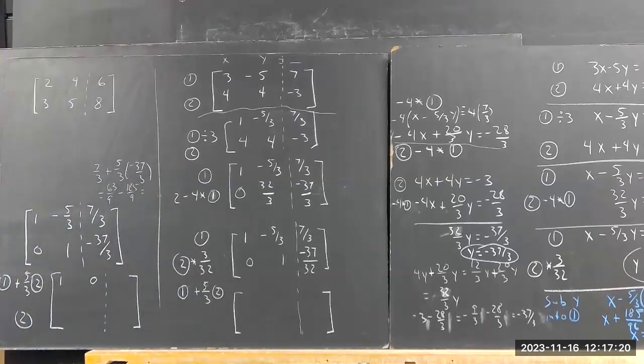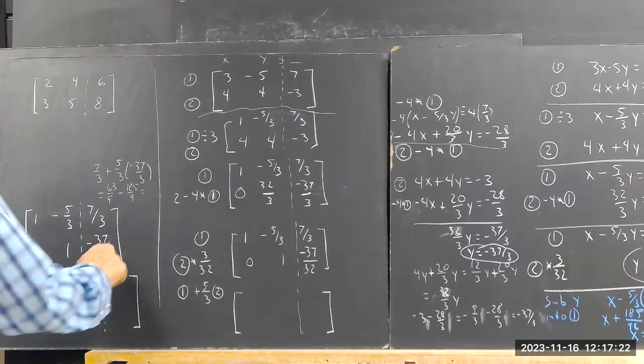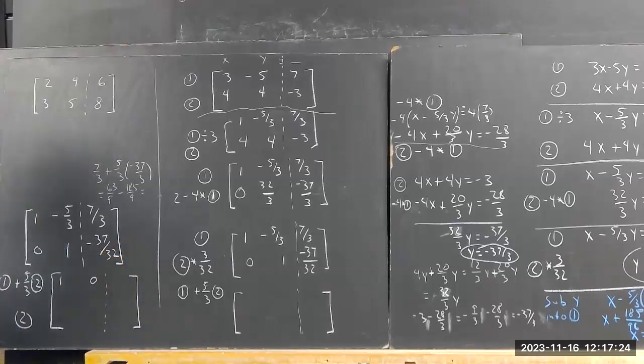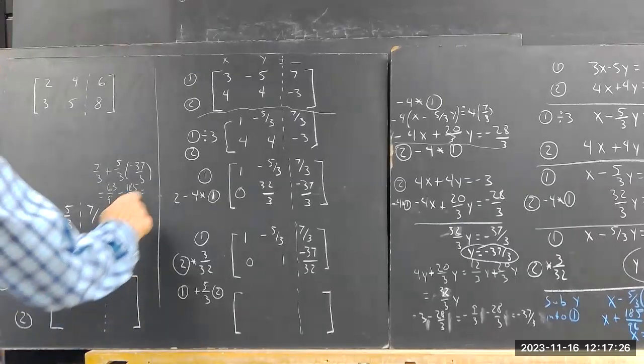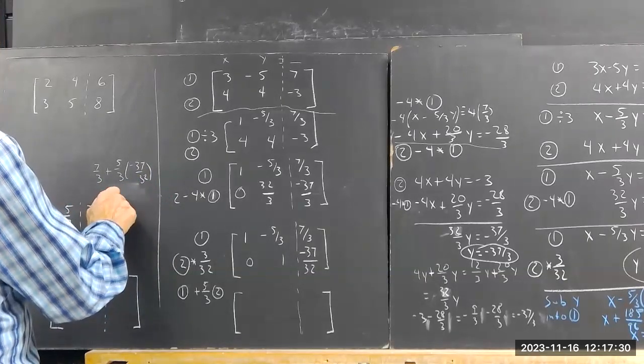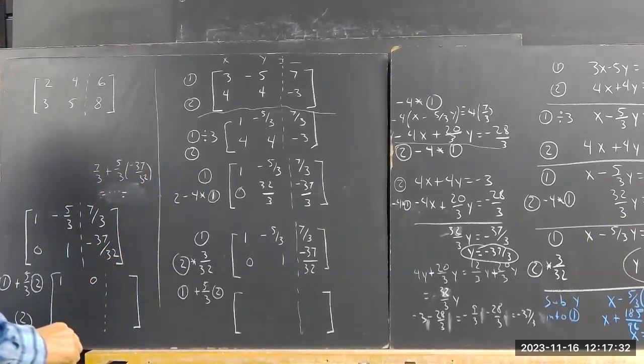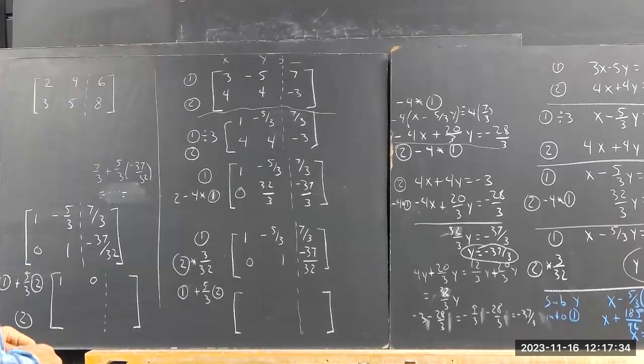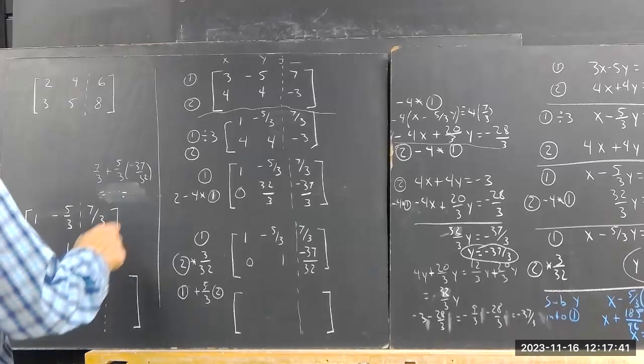We'll work out what's going on. Oh, it's 37 over 32, not 37/3. Okay, that's 37 over 32. And we did the arithmetic, which we've pretty much already done. And we get 13 over 32.